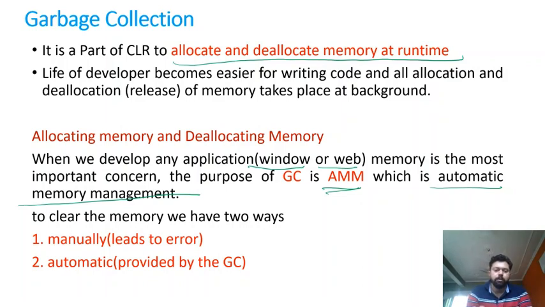To clear the memory, we have two ways. First, we can do it manually, but the manual task leads to errors. Next is the automatic way, which is provided by garbage collection, which does not lead to errors.